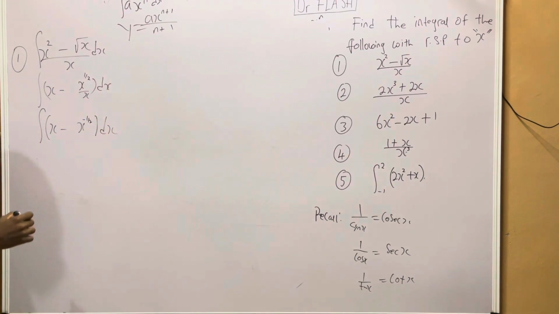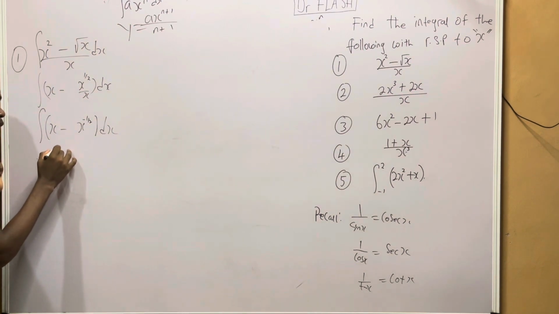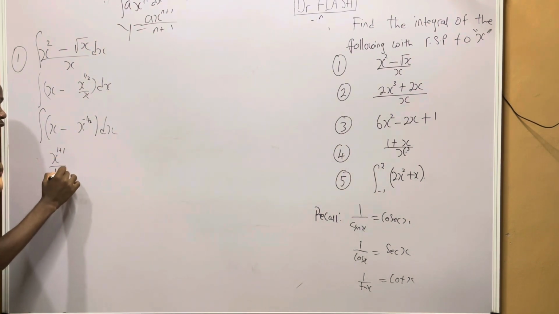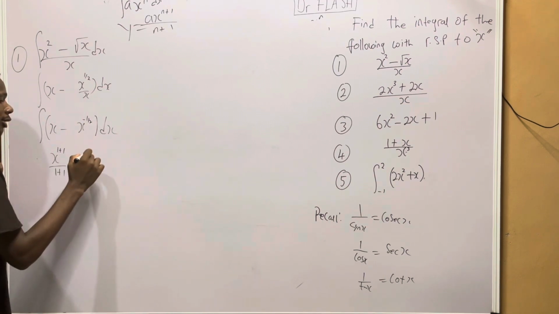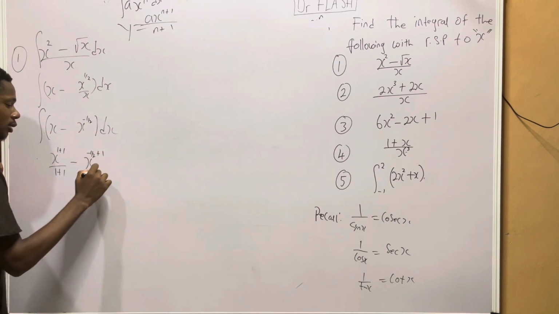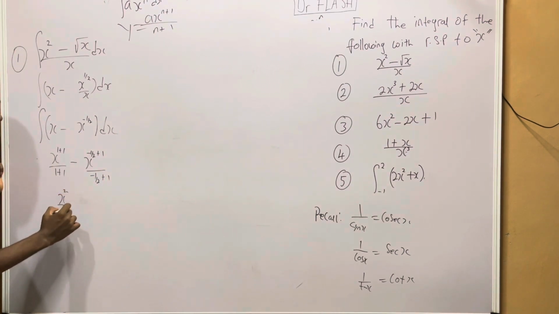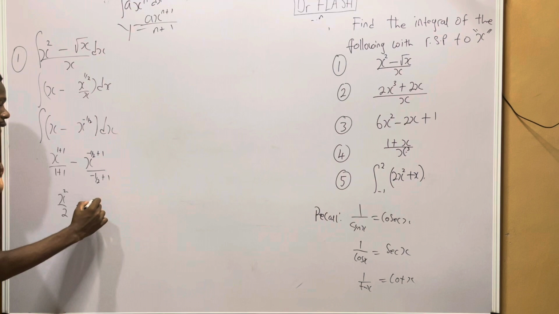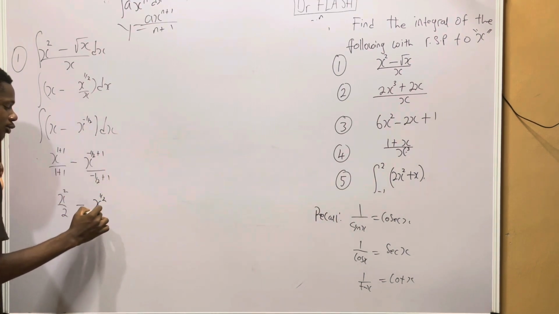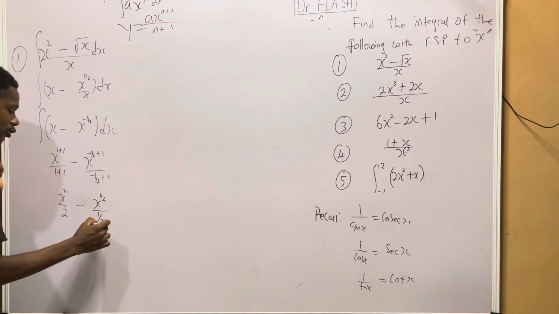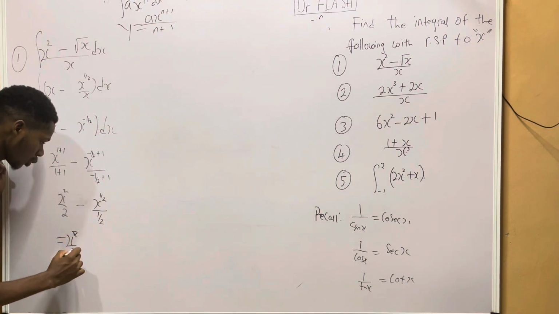So when I integrate this, integrating x, I'm going to get x to the power 1 plus 1 over 1 plus 1, minus x to the power, add 1 to the power, that's minus 1 over 2 plus 1, over minus 1 over 2 plus 1. So I'm going to get x squared over 2 minus x to the power 1 over 2, over 1 over 2.